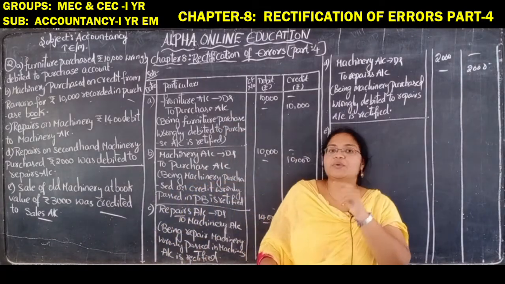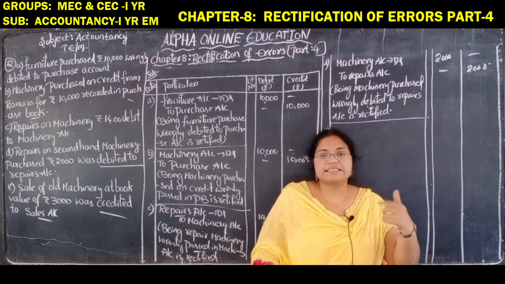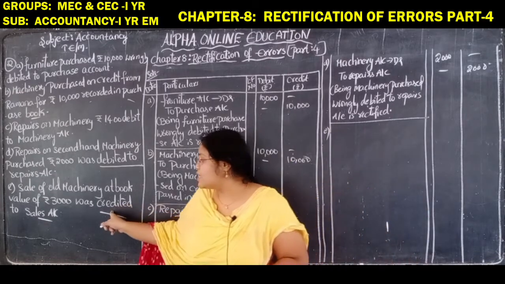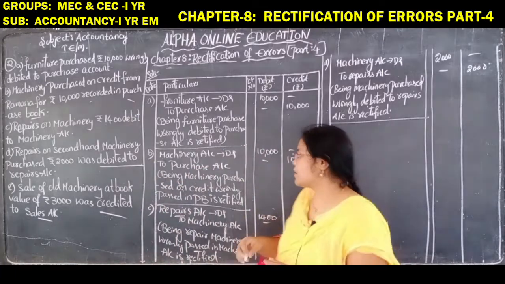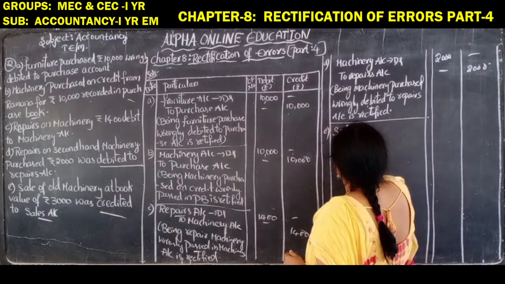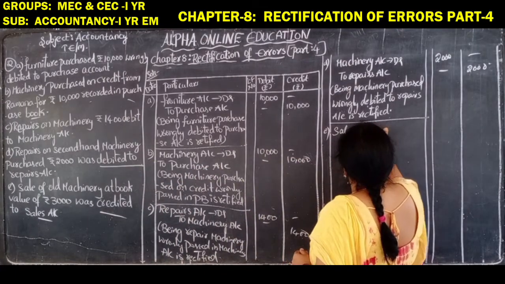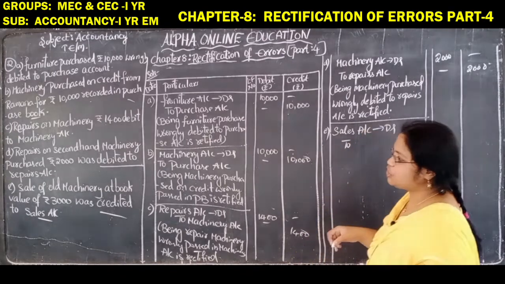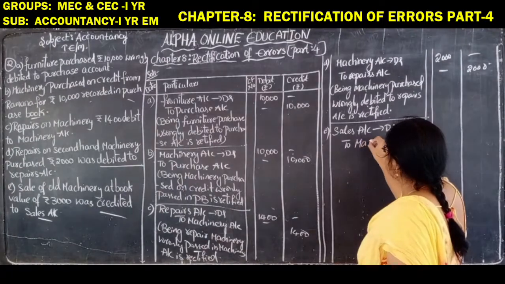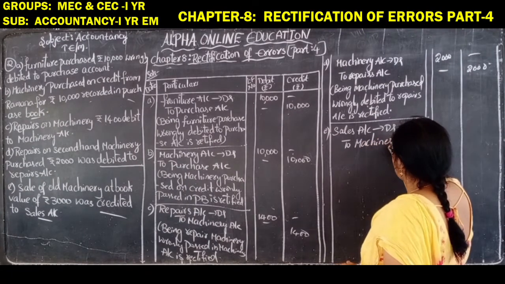So if they credited the sales, then we will debit the sales.